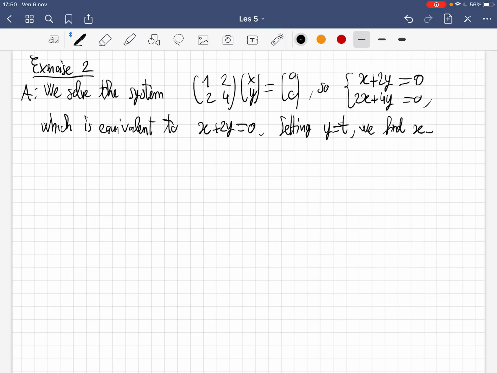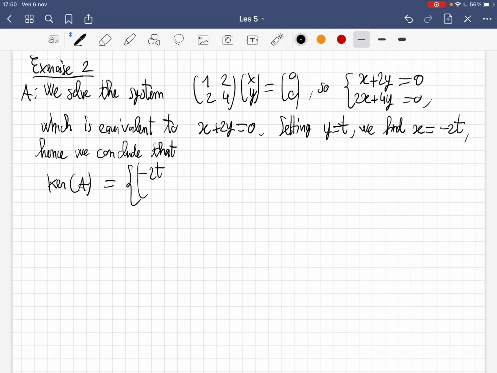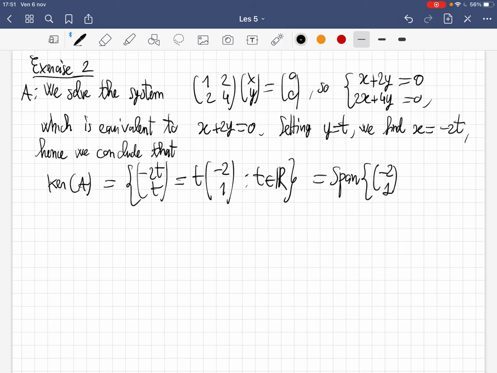We find minus 2t, hence we conclude that the kernel of A is equal to vectors of the form minus 2t, t, which is equal to t times minus 2, 1, which is the span of minus 2, 1.